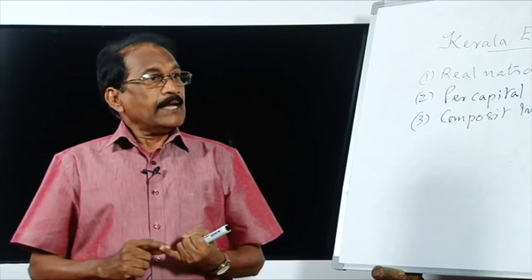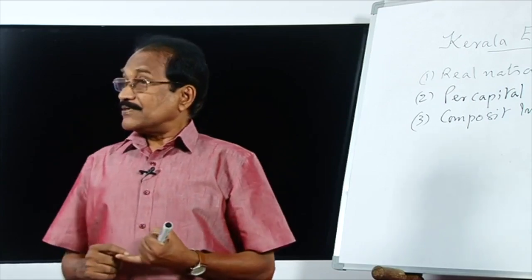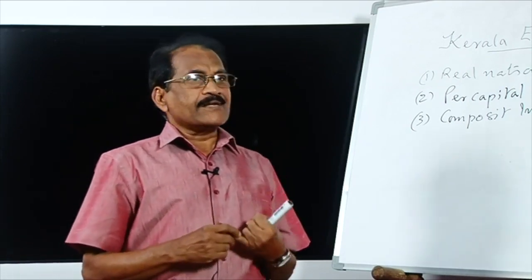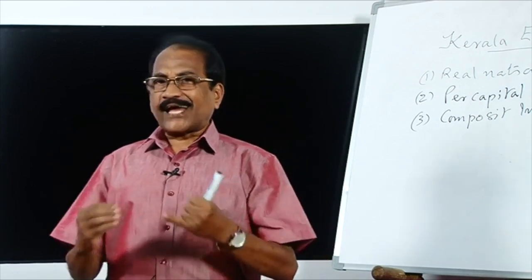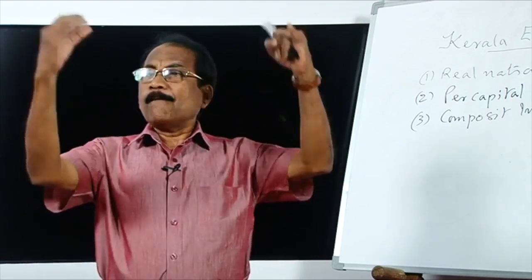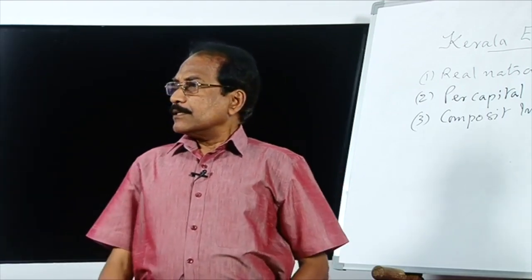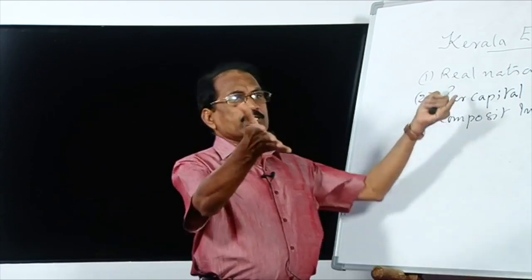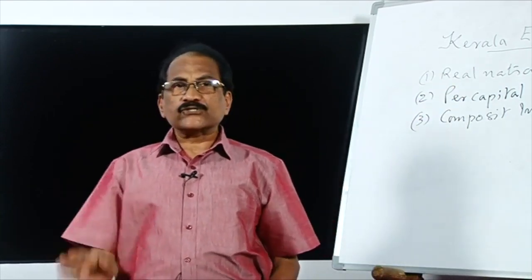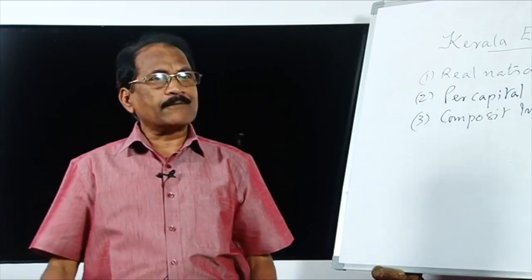Then gender disparity, women's status in the country. What is the nature of gender equality in the country, the status of women in the country? We should take it into consideration. So, a number of things. A mono criterion like an increase in real national income or per capita real national income is not at all sufficient for economic development.